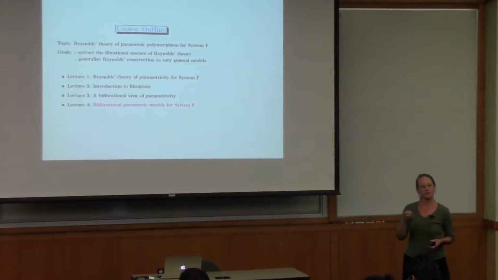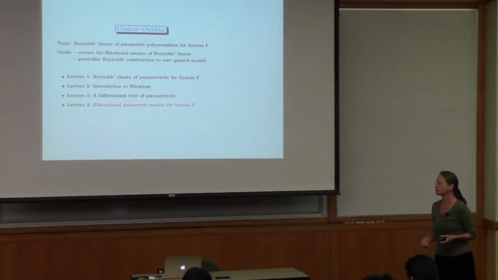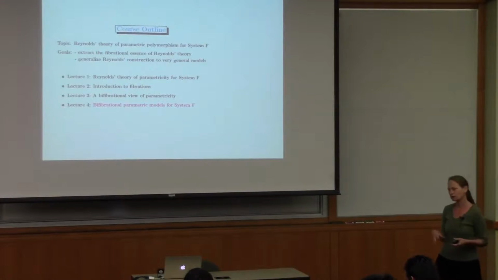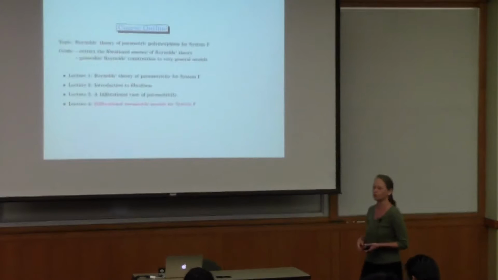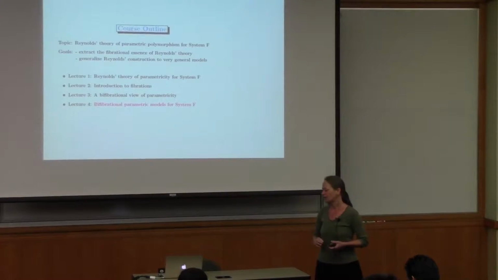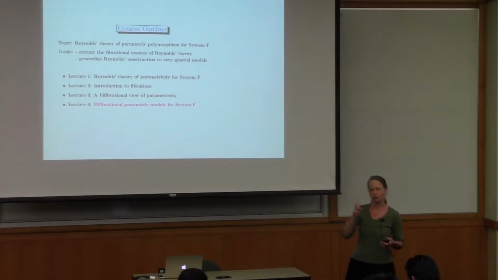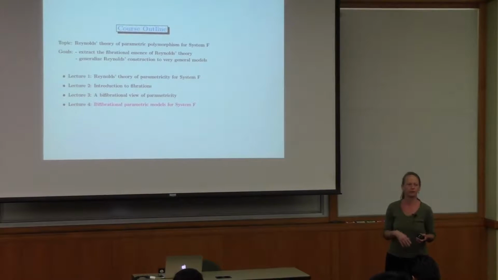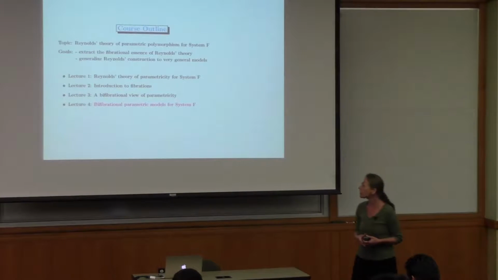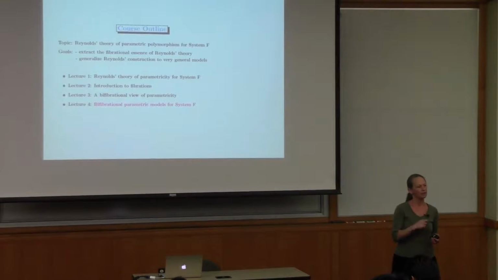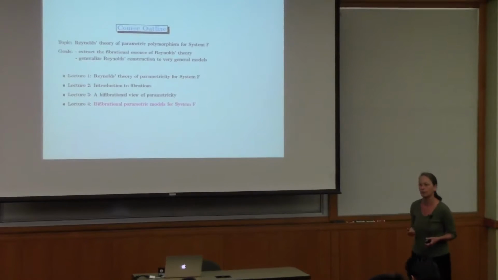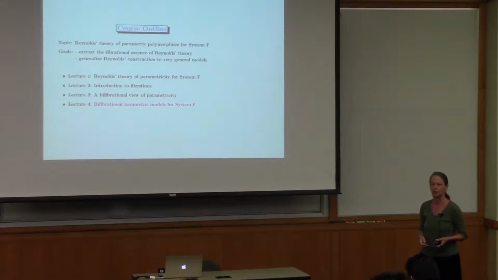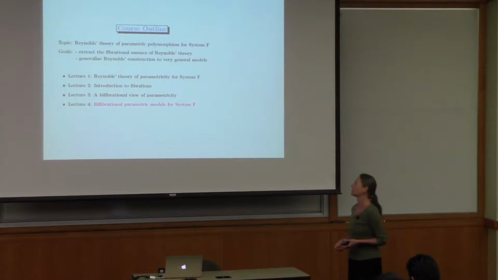But what we want to do is extract that fibrational essence, and then use that to build not just a model of system F, like a more complicated model or a model where you can have an arbitrary base category, an arbitrary total category for a fibration, and some abstract notion of relations. What we really are trying to do is make a framework for making models, and then we can instantiate that framework in different ways to get different models for system F that have this nice parametricity property. Okay, so that's what we're going for, and we're on lecture 4 today.